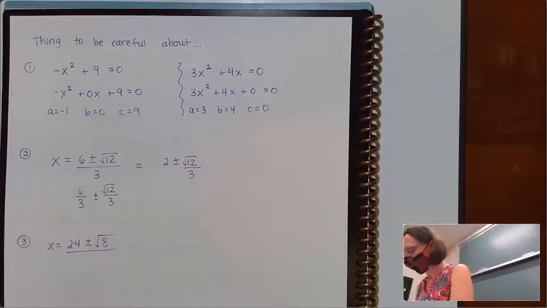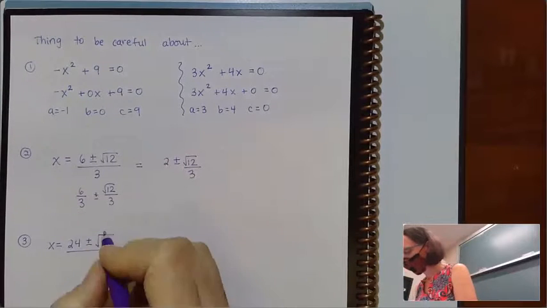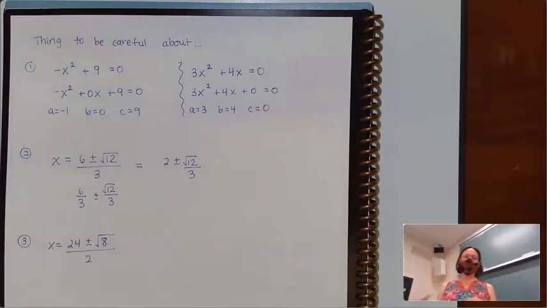No. Okay. I'm trying to do something cool and it's not working. Yeah, whatever. I'll just take it. It's fine. Square root of 8 over 2. Fine. We'll do this.